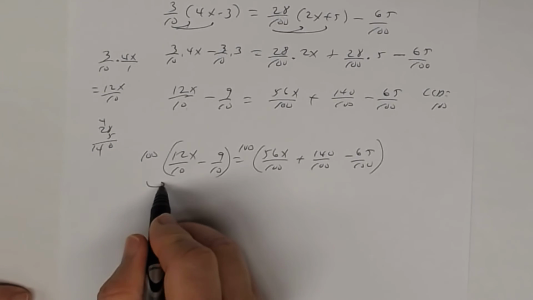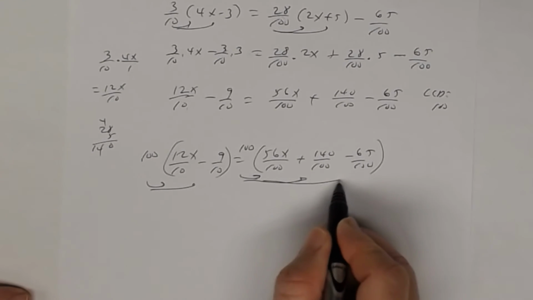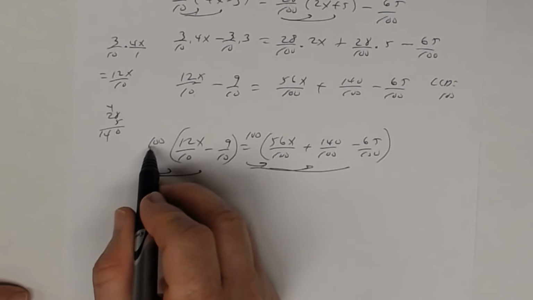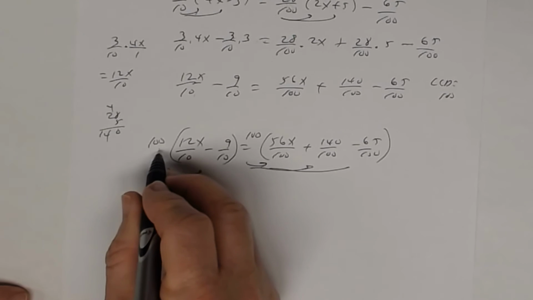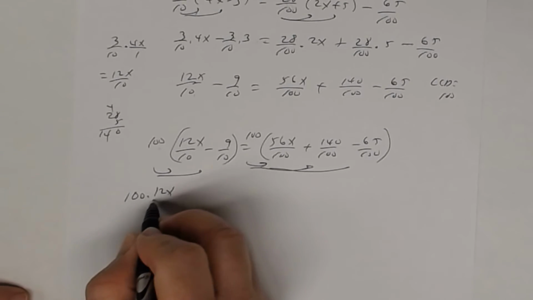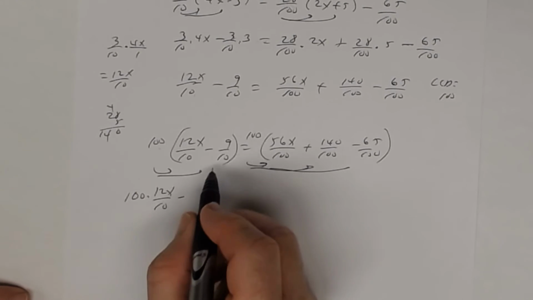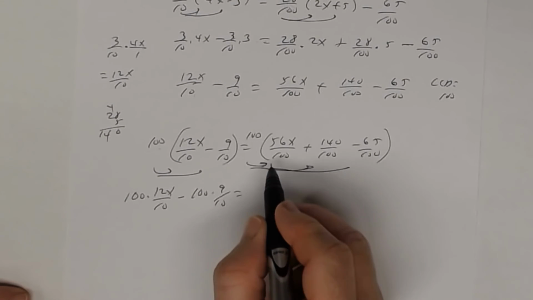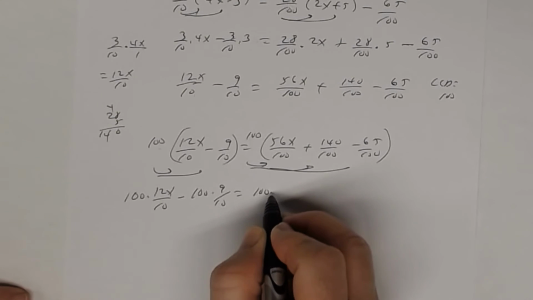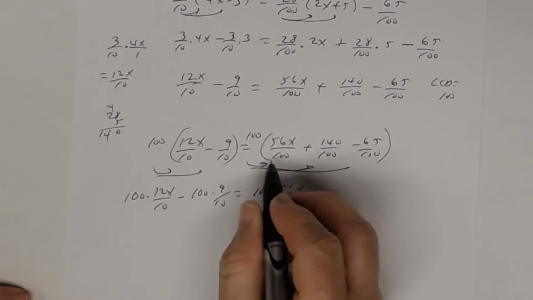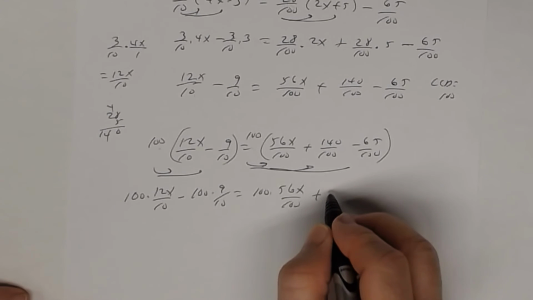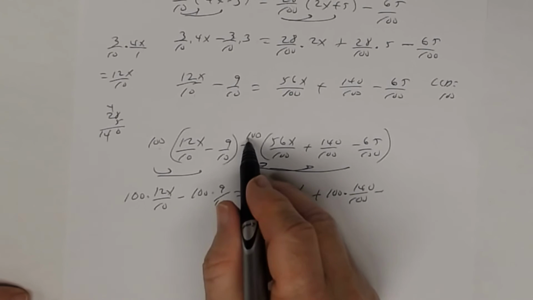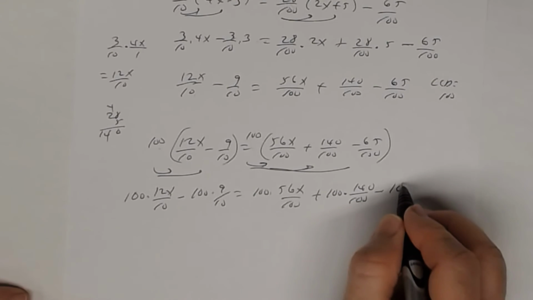And now the next step is go ahead and distribute. So you're going to multiply each of those fractions by the LCD, which is 100. So meaning you're going to say 100 times this fraction, minus 100 times 9/10, equal, and then 100 times 56x over 100, and then 100 times this fraction, plus 100 times 140 divided by 100, and then minus 100 times this fraction.